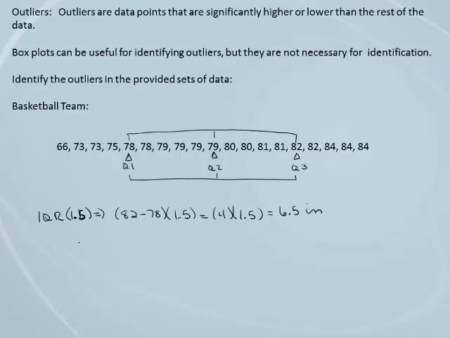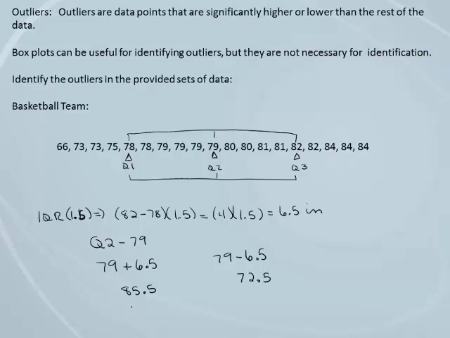So we take our median. I have 79, and I take 79 and I add 6.5 inches, and I take 79 and I subtract 6.5 inches. So 79 plus 6.5 gives me 85.5. 79 minus 6.5 gives me 72.5.